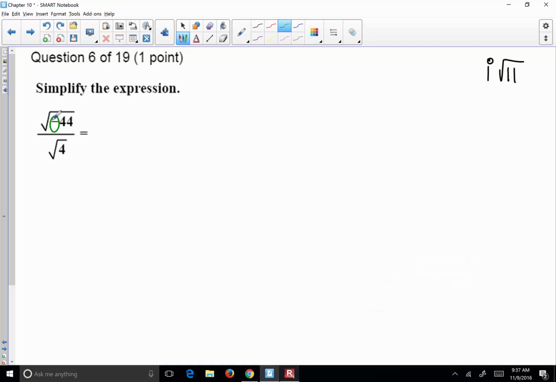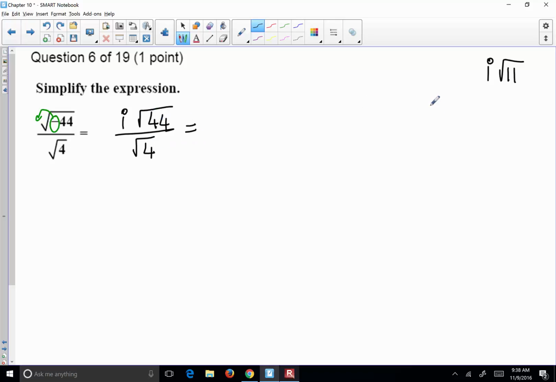First, I move the minus out and fix the first radical and turn it into i root 44. Do we need to fix anything on the bottom? No, it's already positive.